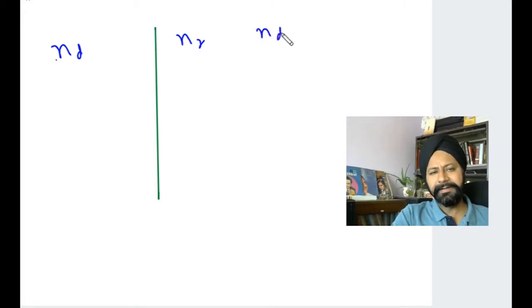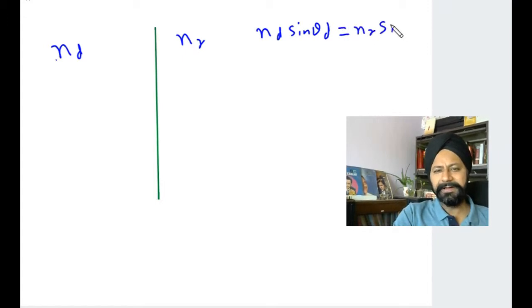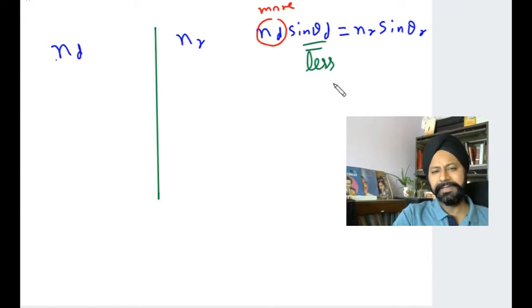So nd sine theta d should be equal to nr sine theta r. And the same logic applies here. Because this number is more, this number has to be less, right? So then theta d has to be less than theta r, and that's kind of like a law now, right?